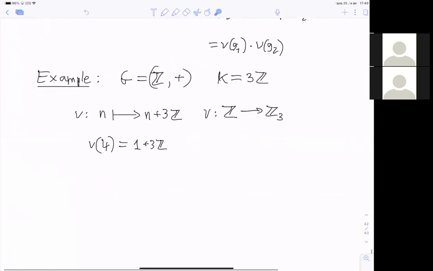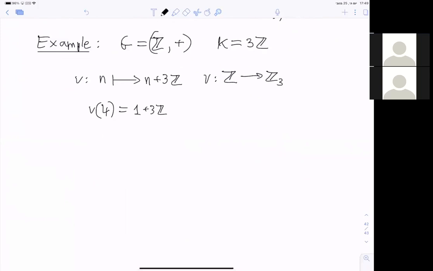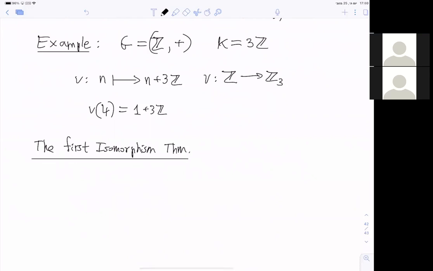So now we can formulate the first isomorphism theorem. This is due to Emmy Noether.